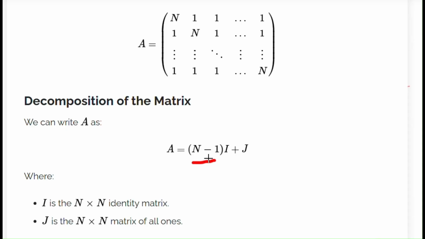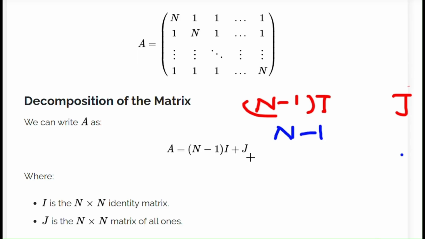In this case, the rows all add up to n minus 1, so the eigenvalue of this part is n minus 1. For J, the eigenvalue is n. The eigenvalue of A would be the sum of these, n minus 1 plus n, which is equal to 2n minus 1.